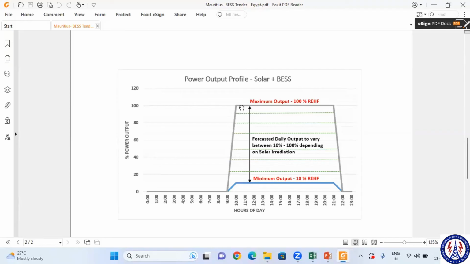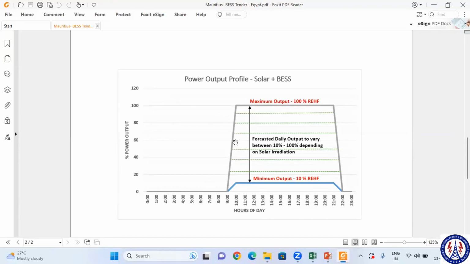from the grid, or how is that? In the daytime, what do you wish to operate? Let's say it's 40 megawatt for 100%, right?